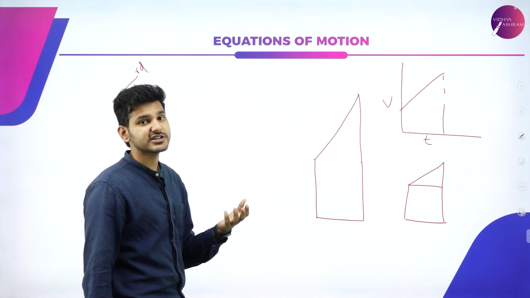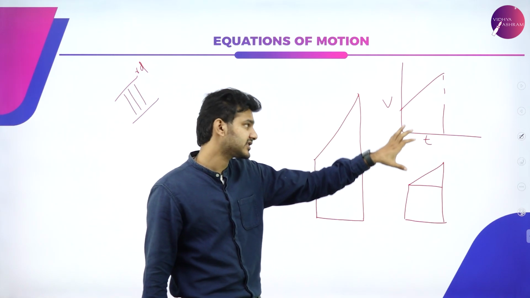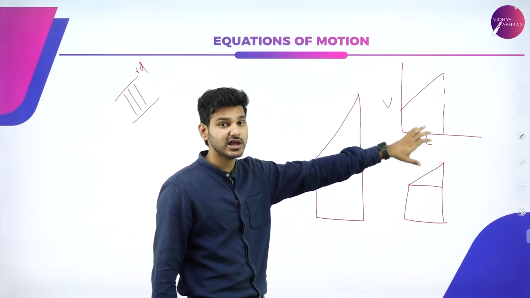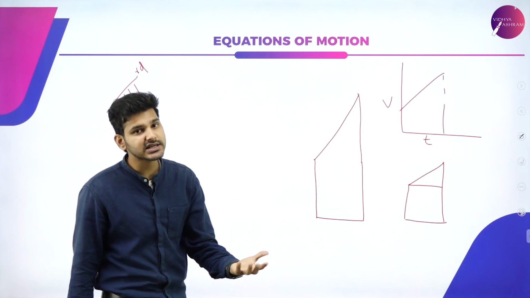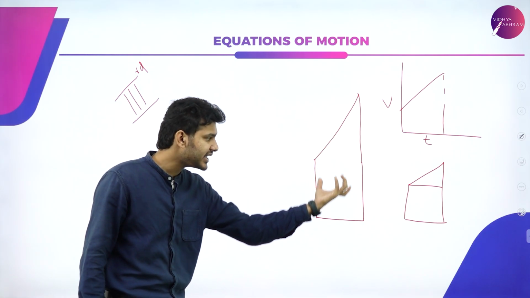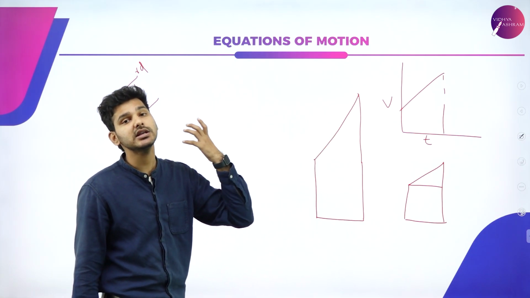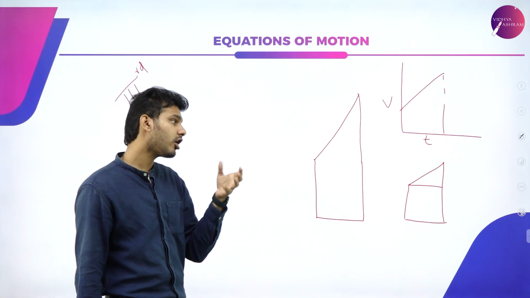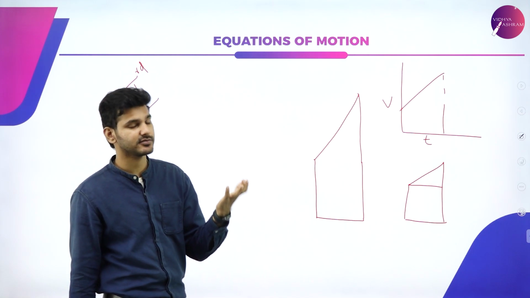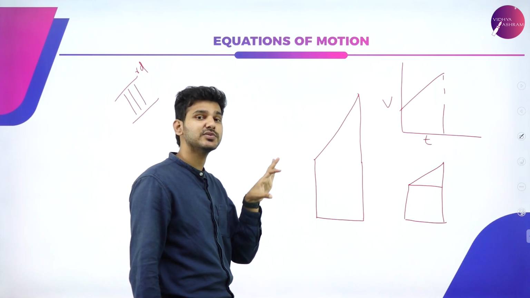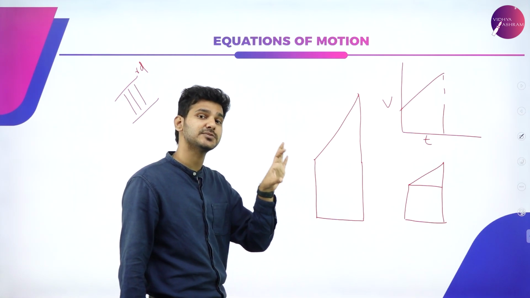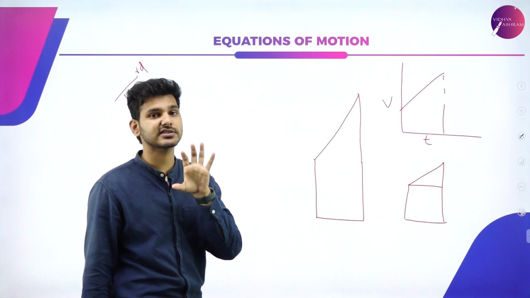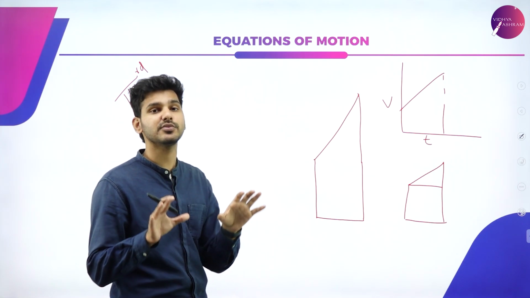So in order to find out displacement, it is not just one method, that is adding the area of triangle and rectangle. You can also use the direct equation to find out what is the area under this trapezoid, and then you will get the displacement equation. But here we are not actually using this to find out what is displacement. I'll tell you why these three methods are there and three equations are there.